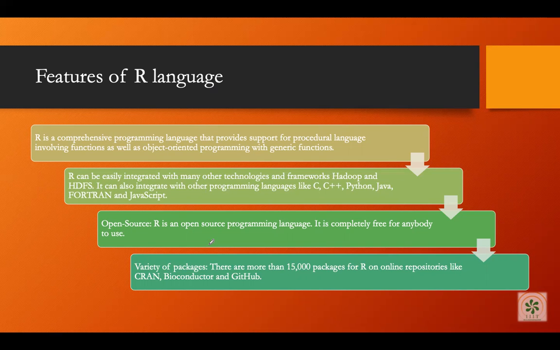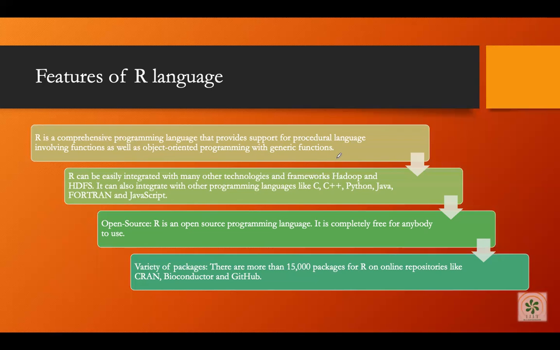In the same way, for our programming language, we have different features here. If we list out different features, first of all, R is a comprehensive programming language that provides support for procedural language involving function as well as object-oriented programming with generic function.